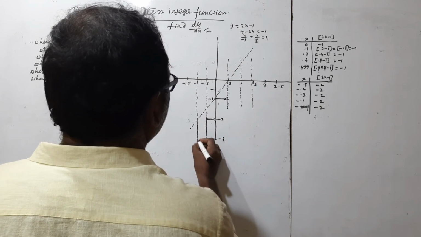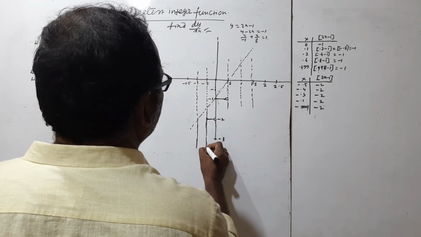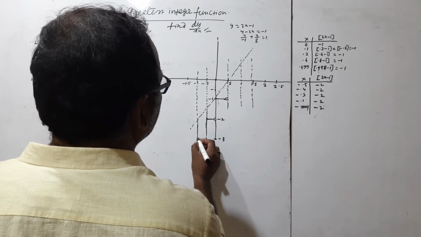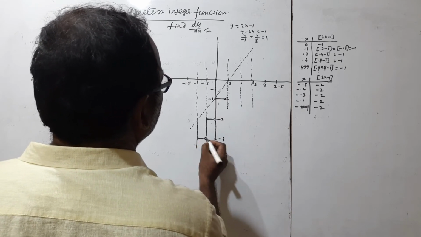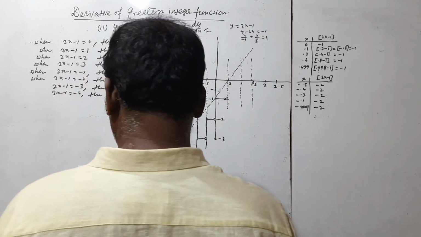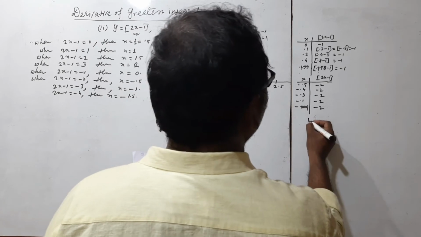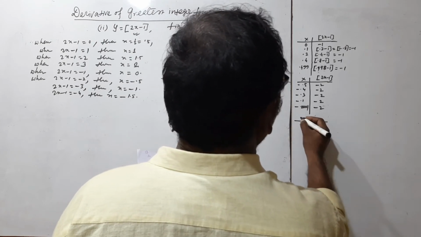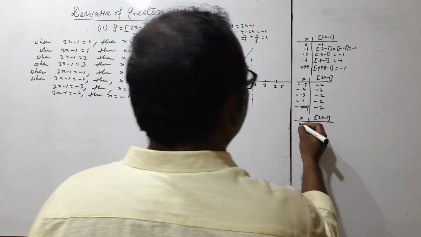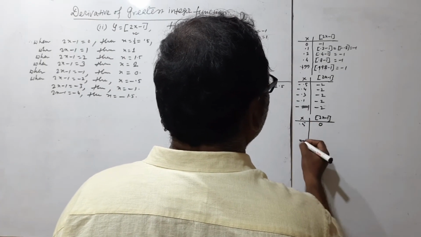For this, it is minus 3, same drawing. x and box of twice x minus 1. If we take 0.5, then we got 0.